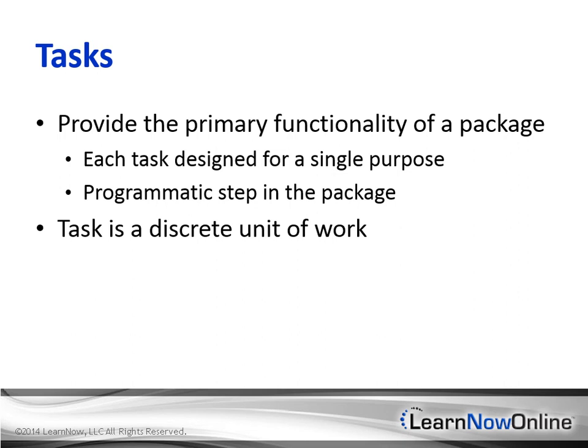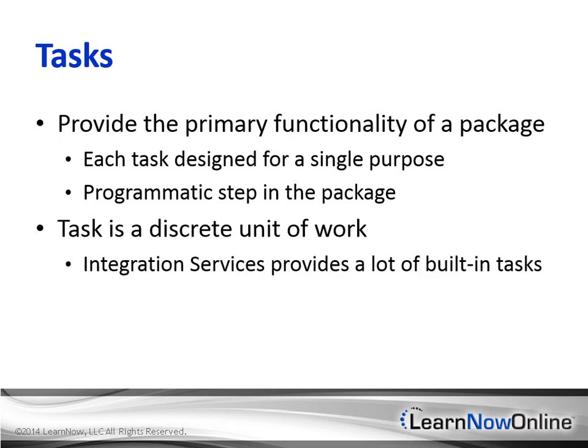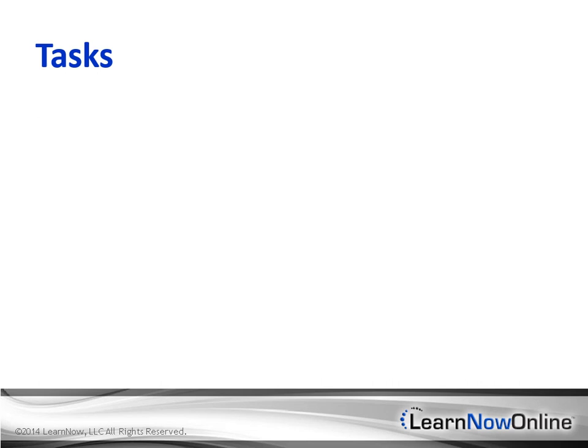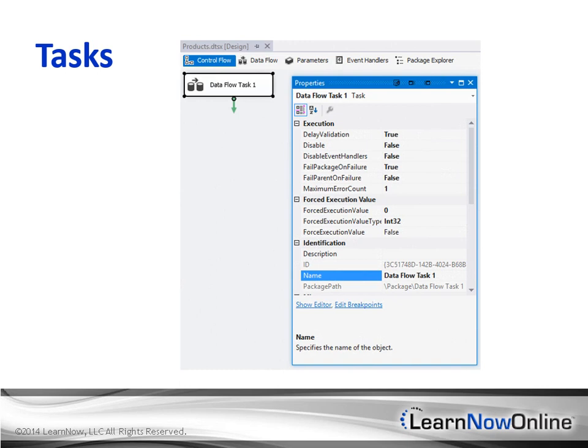As you'll learn shortly, Integration Services comes with a large number of tasks built in, and you can even create your own fairly easily if you know how to write .NET code. You build packages visually in Data Tools by dragging tasks from the toolbox onto the Control Flow Designer. And there's an example of this.